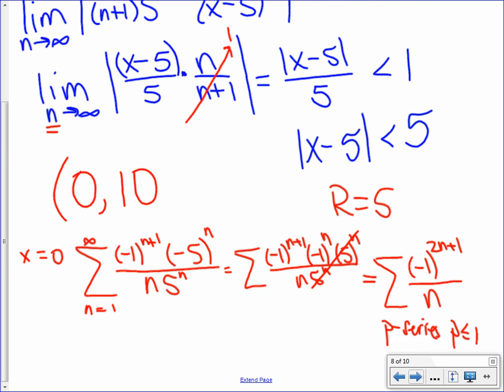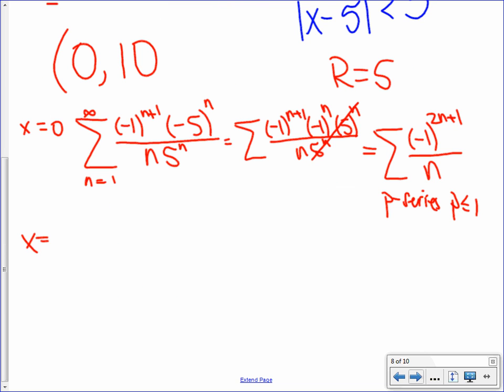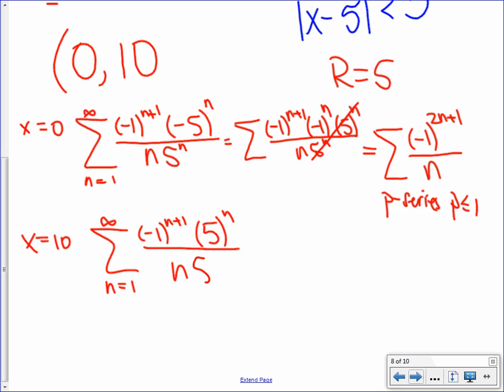Okay. All right, let's look at x is 10. This would be 5 to the n, correct? Does that converge?